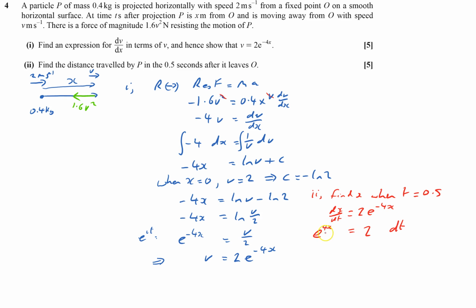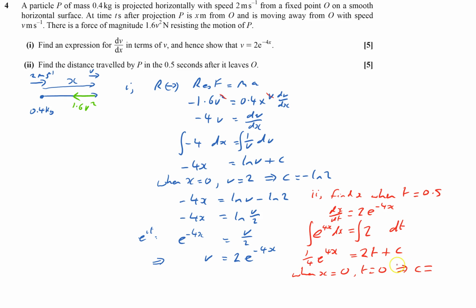That'll have a dx in there, and then put in the integral signs. Integrating e to the 4x gives a quarter of e to the 4x, and that will equal 2t plus c. Always put the plus c.